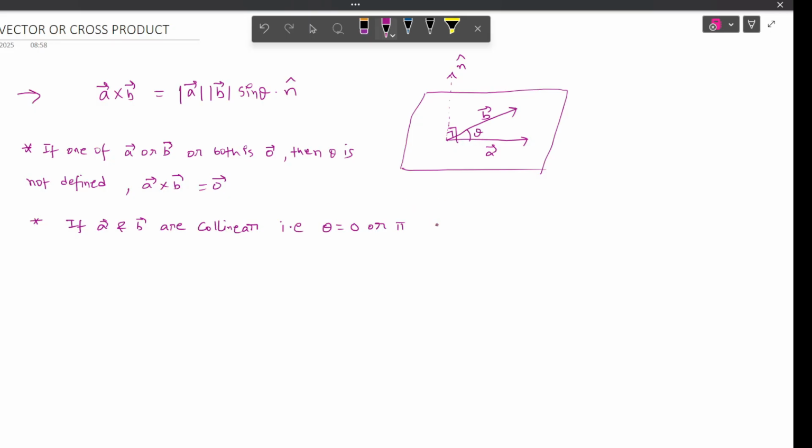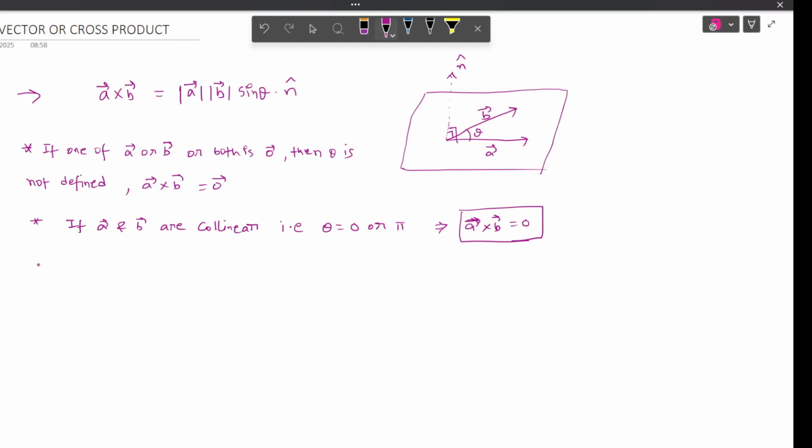Because they are parallel or anti-parallel, sin 0 is 0 and sin pi is always 0. So you can say A cross B is 0 if the two vectors are parallel or anti-parallel.